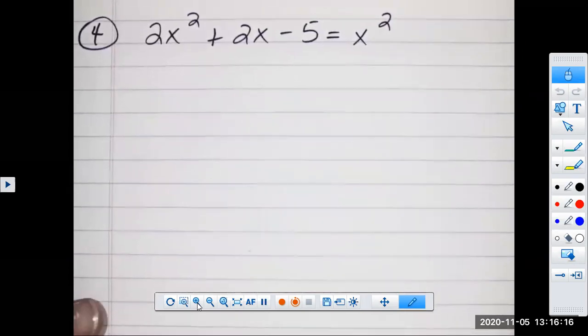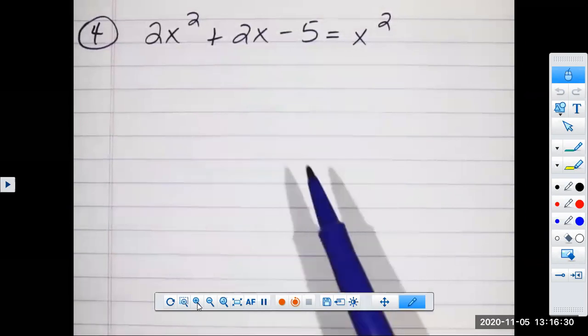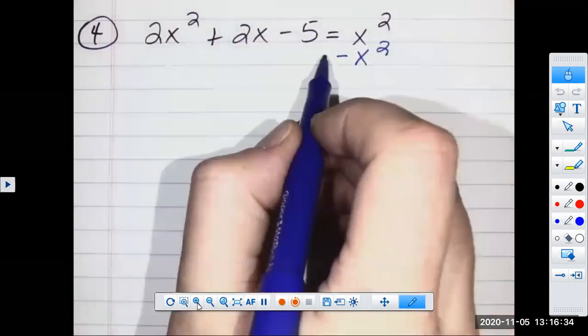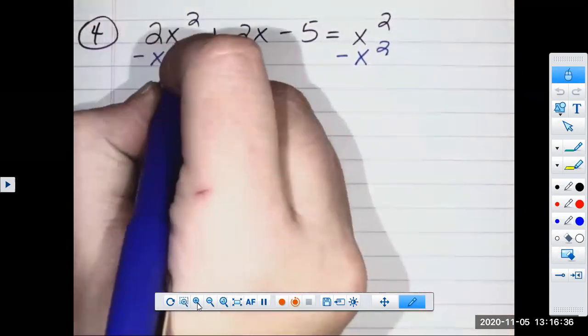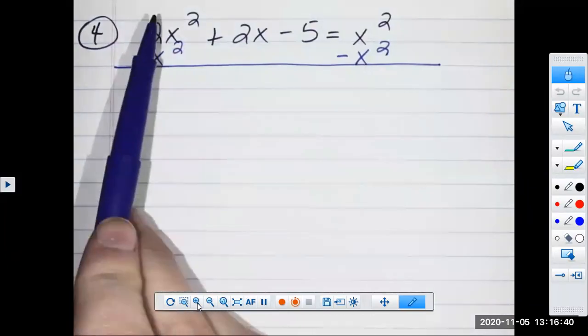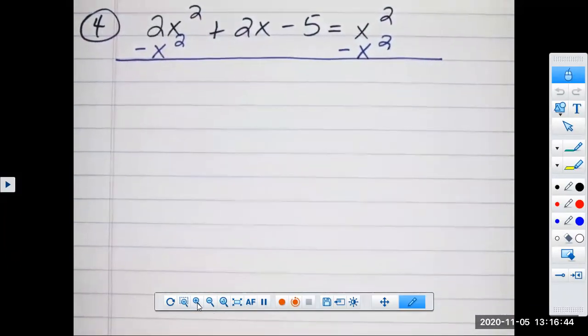Okay, so the first thing is make sure that all of your variables are on one side. All numbers are on the other side. What do you need to do with x squared? Good. I'm going to subtract it from both sides. And notice that it has a like term on the left side. So line those up.